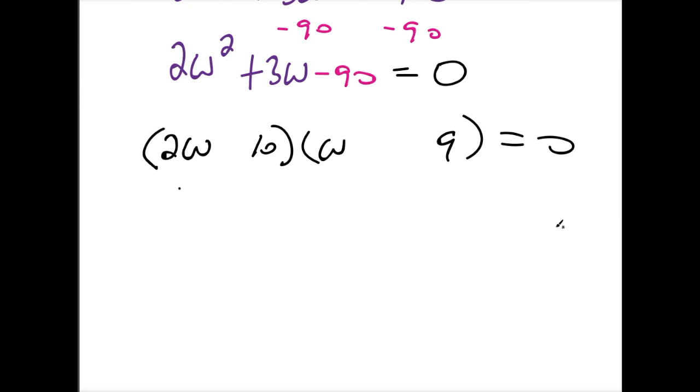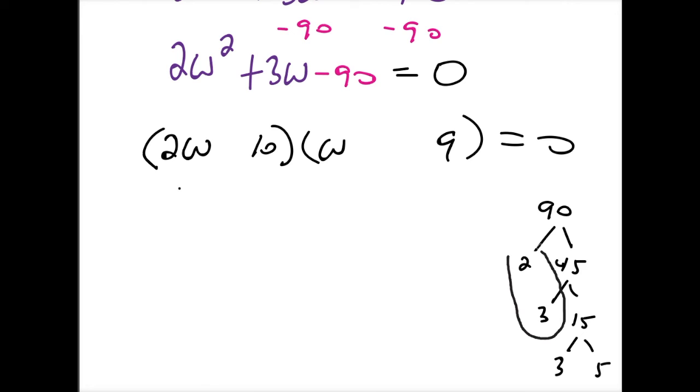So then what you do over here is you put your factor tree, and you bust up 90 like nobody's business. So you go, alright, I know that 90 is 2 and 45. And I know that 45 is going to be 3 and 15. And 15 is going to be 3 and 5. Alright, so any combination of these numbers is 90, right? So I can go 6 times 15 is 90.